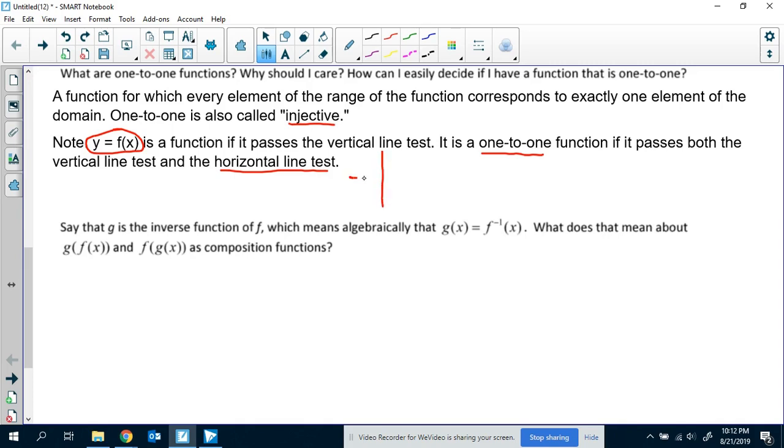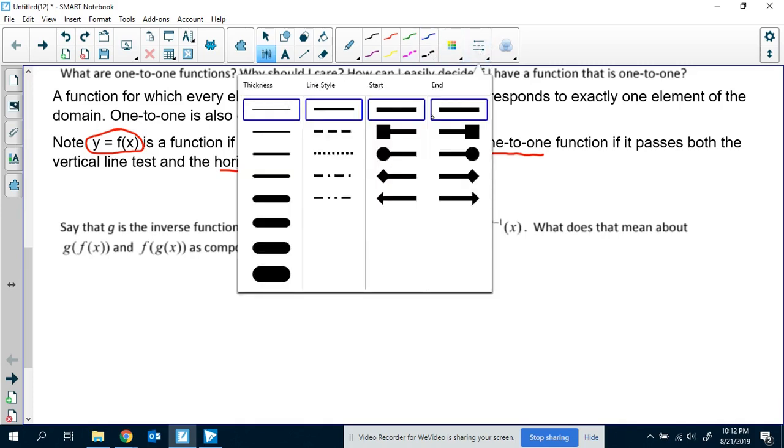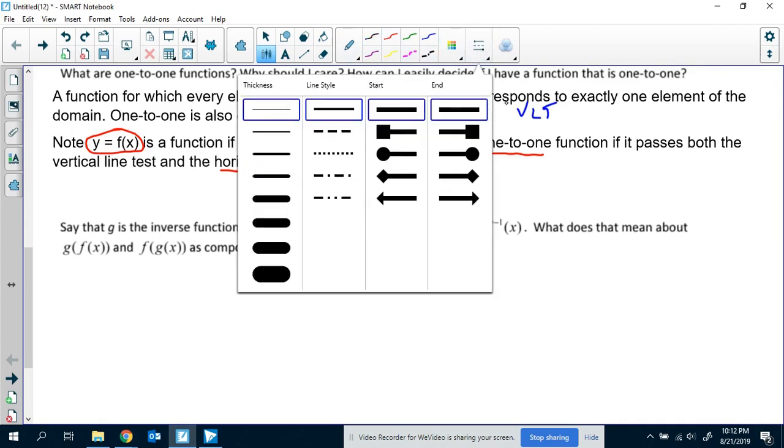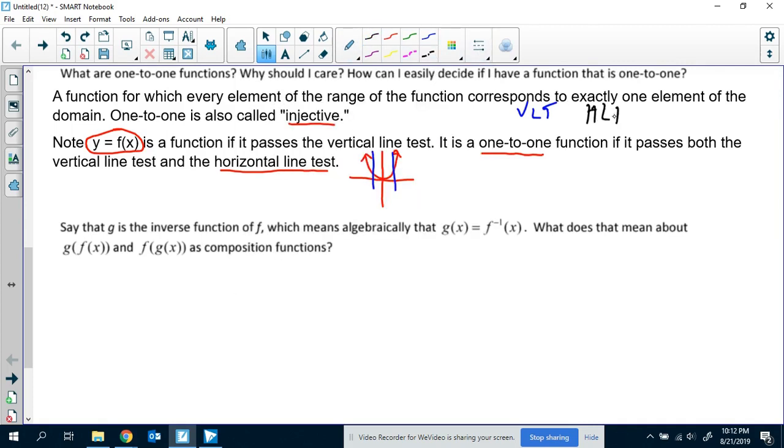Here's an example of something that does not work. Once again, a parabola. If I take the vertical line test, it is a function. But if I take the horizontal line test, notice that two different elements of the domain have the same element of the range.